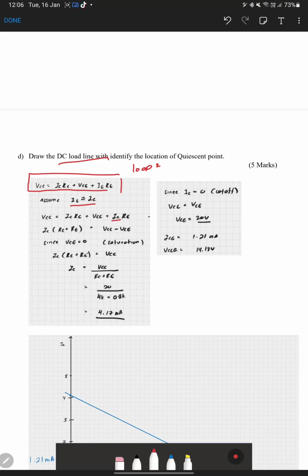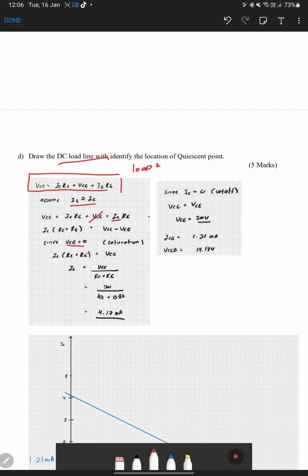Then as we know, in the saturation mode, VCE equal to 0, so we eliminate this, it becomes 0. So we rearrange back. We have VCC equal to IC times RC plus IC RE.